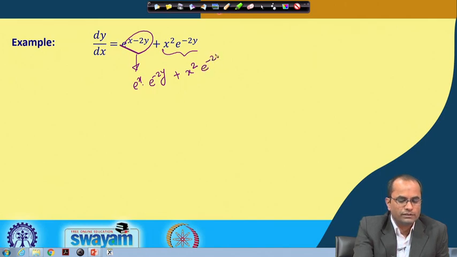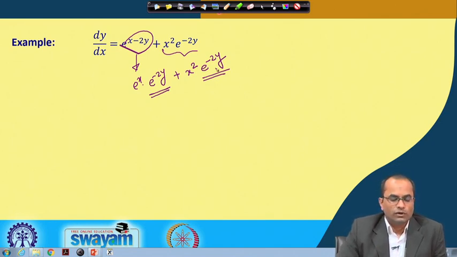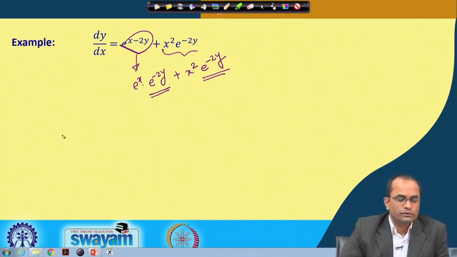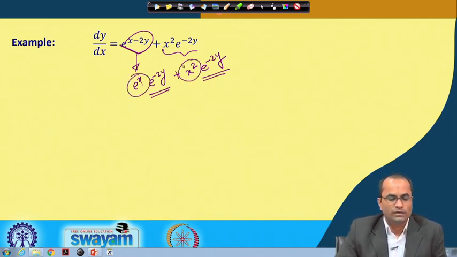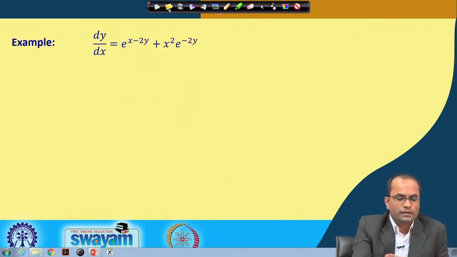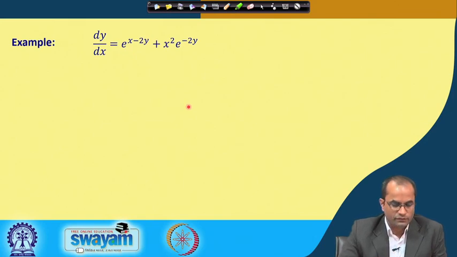So, e^(minus 2y) we can take as common, and that can go to the other side of the equation, while the other side remains as e^x plus x^2. So, this equation is variable separable, which we can easily integrate.